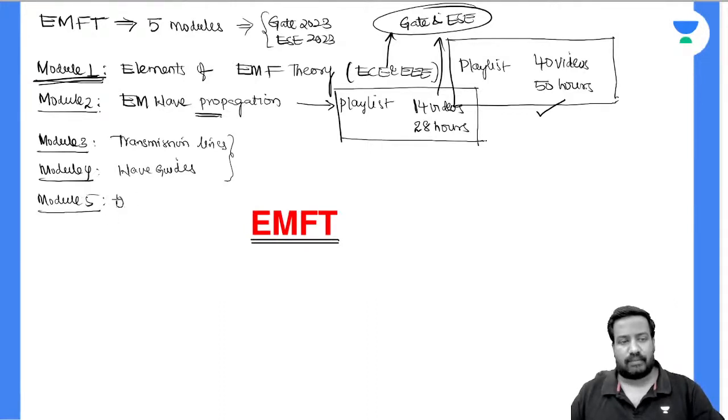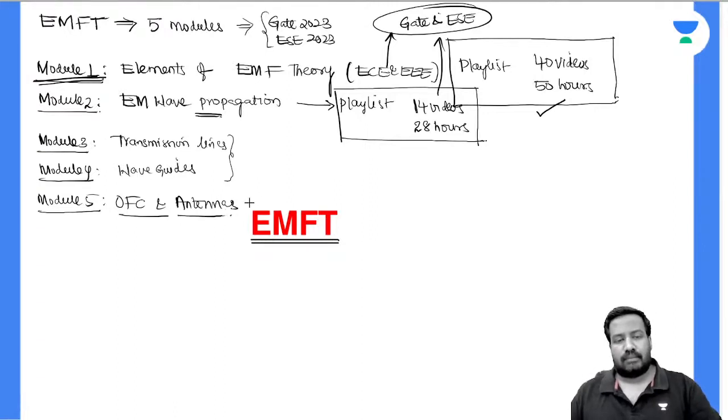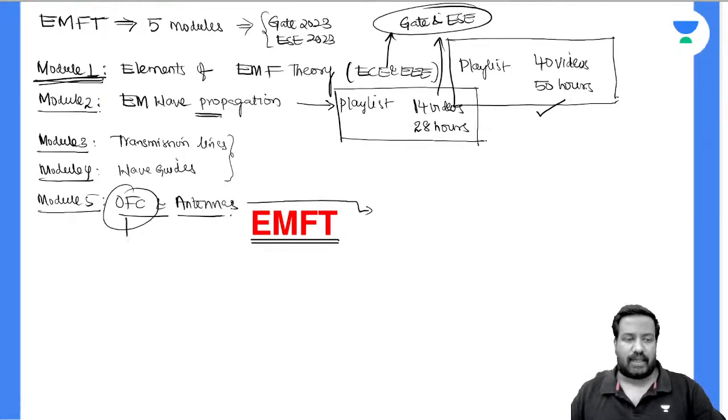Module 5 is optical fiber communication and antennas. For antennas and optical fiber communication, I'll take a separate series.